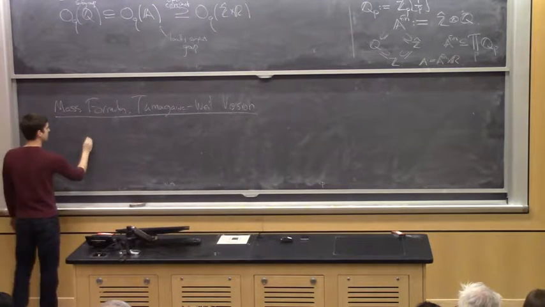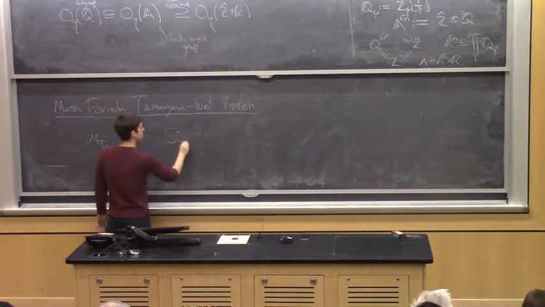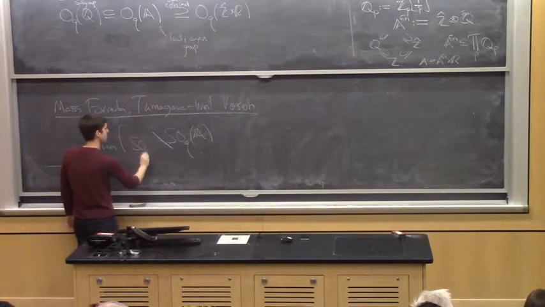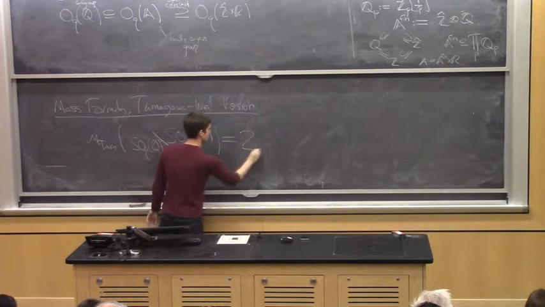And what this says is that if you take the Tamagawa measure of SO_Q of the adeles, modulo this discrete subgroup SO_Q of the rational numbers, that this is equal to 2.